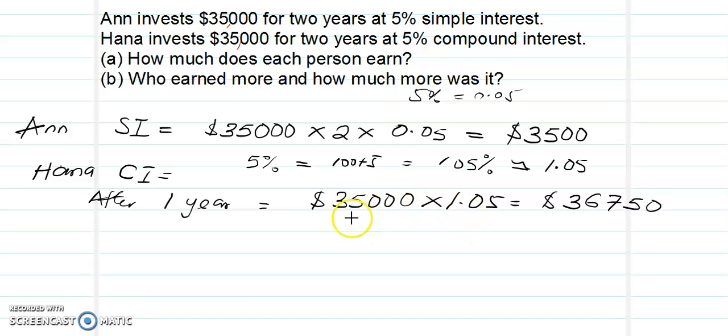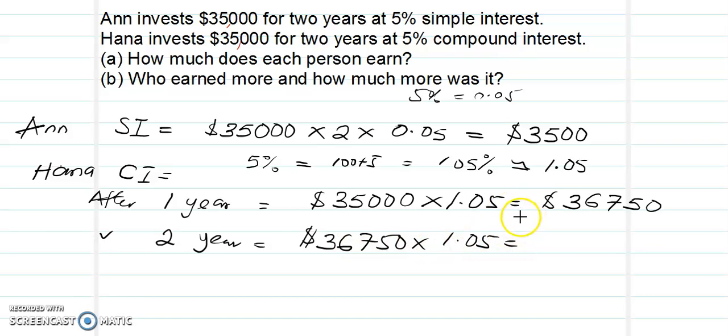This is for the first year, and for the second year we still take this amount, $36,750, multiplied by 1.05.